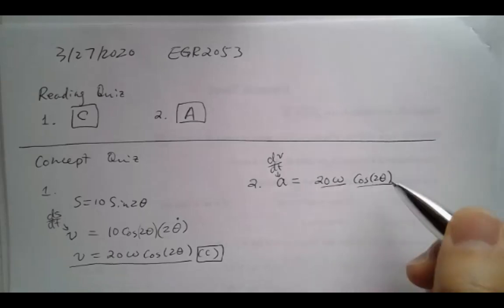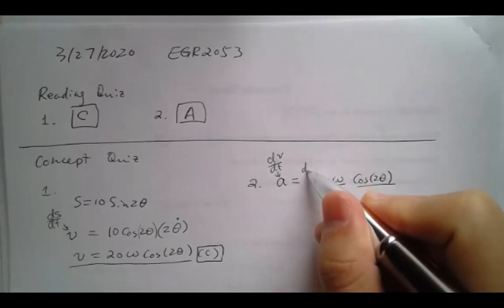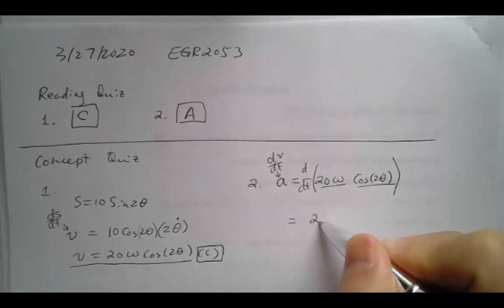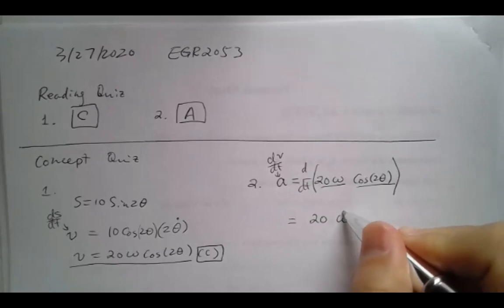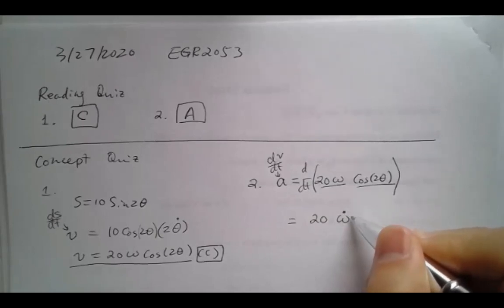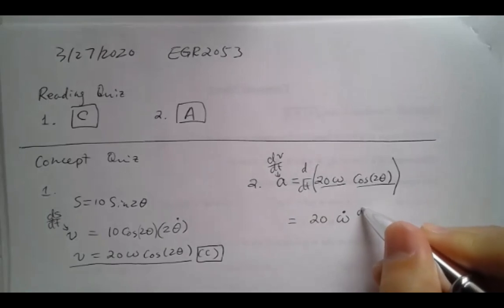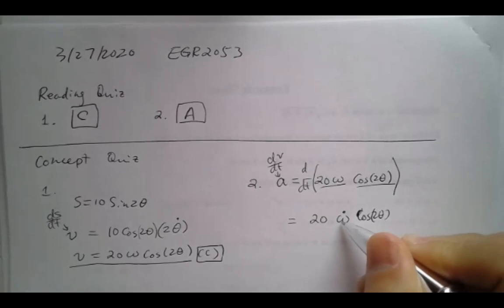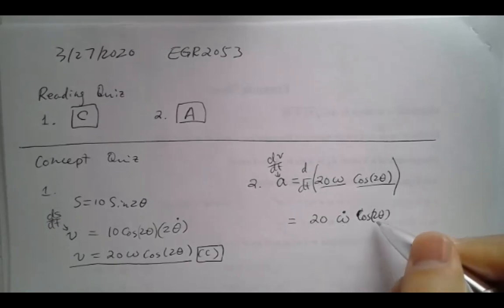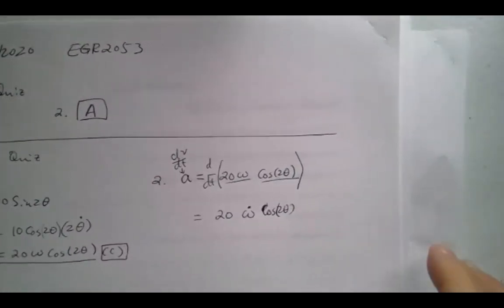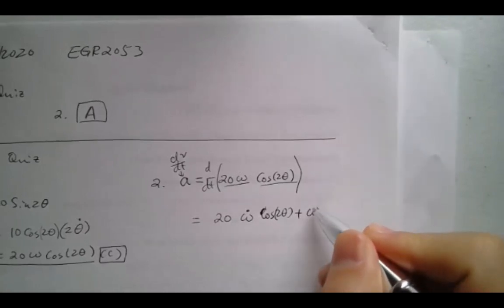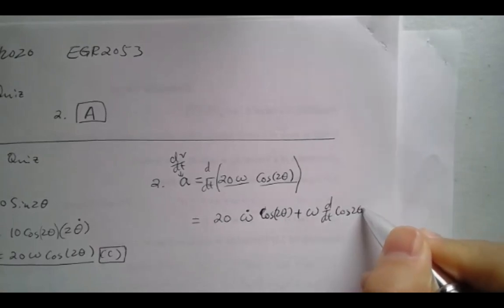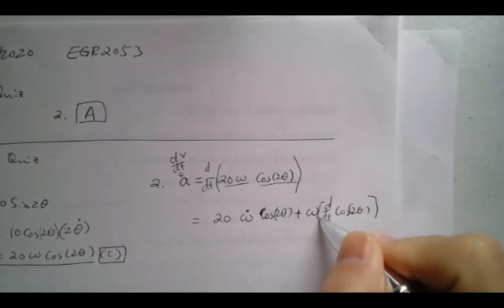Taking d over dt of this whole thing, 20 comes in front. Omega becomes omega dot, then write the second term down unchanged, because you already took the derivative of the first term. Then plus the first term unchanged times the derivative of the second term, cosine 2 theta. All right, that's what you'll be doing.